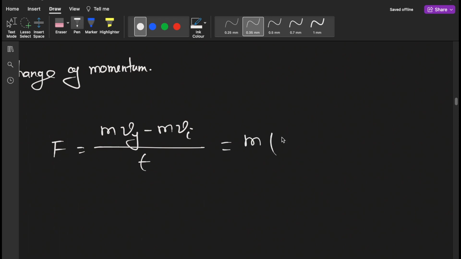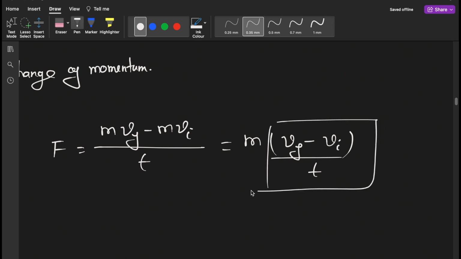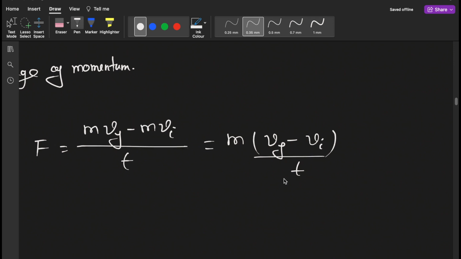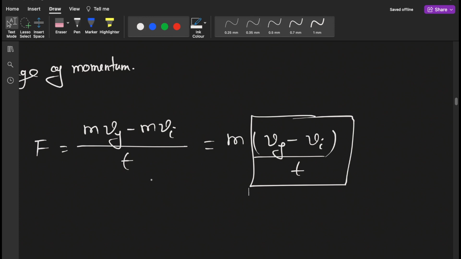What is the rate of change of velocity? What is the name of that?